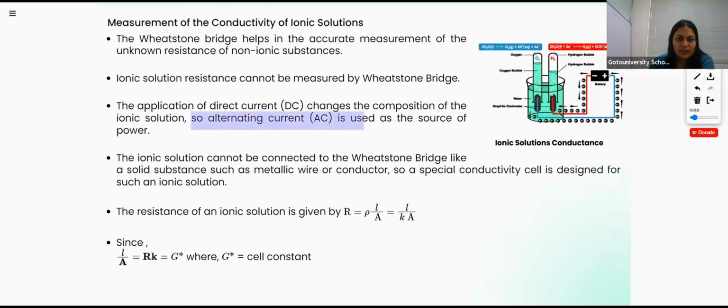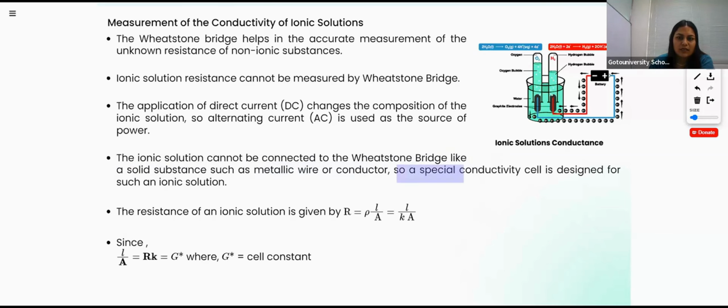So alternating current has been used as the source of power in place of direct current, and it has been introduced for use in the conductivity cell. For the other problem, the ionic solution cannot be connected to a Wheatstone bridge like a solid substance or a metallic wire.